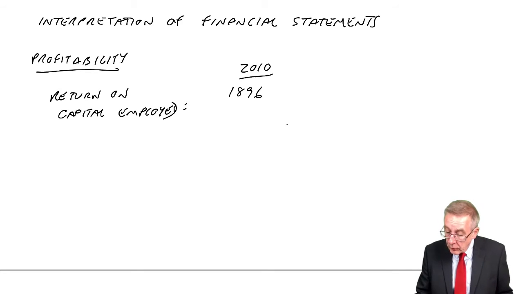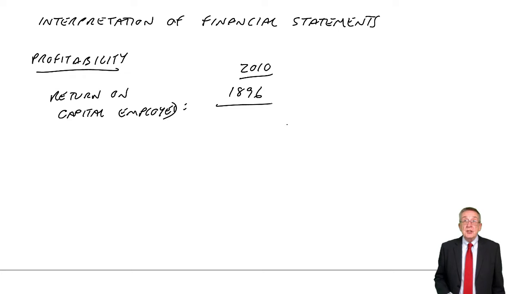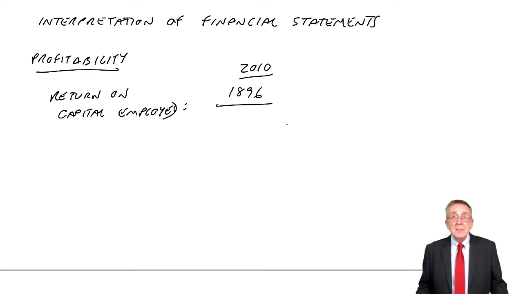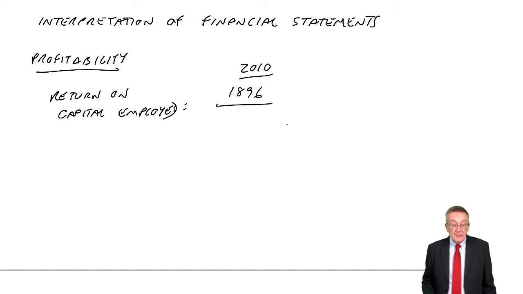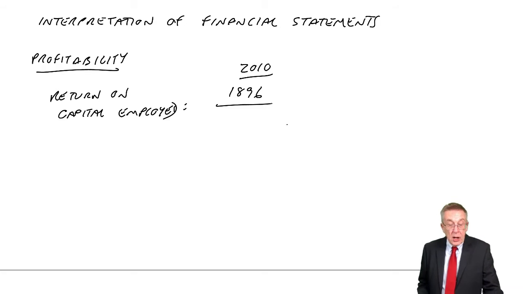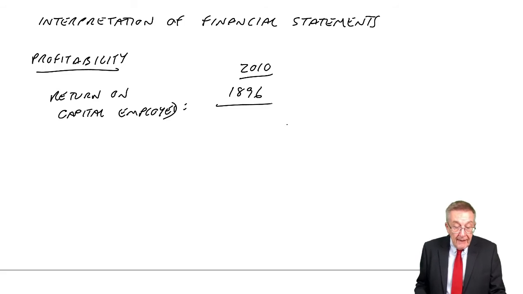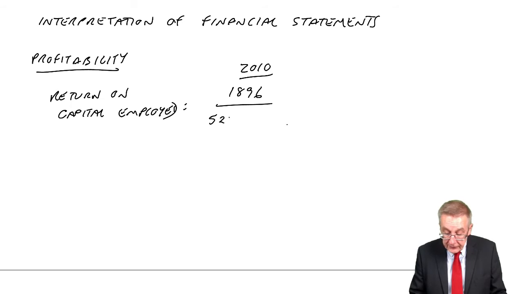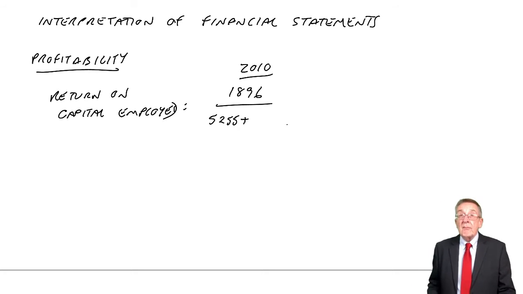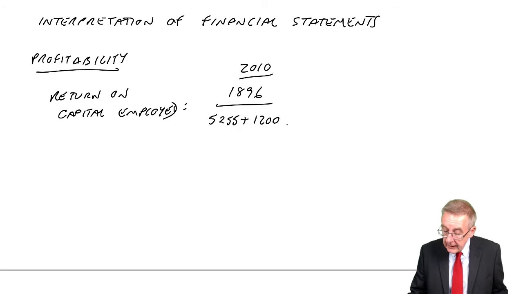So we take the profit before interest and tax, and we express it as a percentage of the total long-term money in the business. In 2010, the long-term money invested is the share capital and reserves, the money from shareholders, 5255, plus the long-term borrowing, the non-current liabilities, 1200.